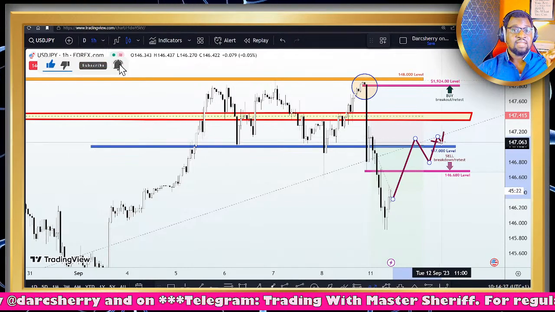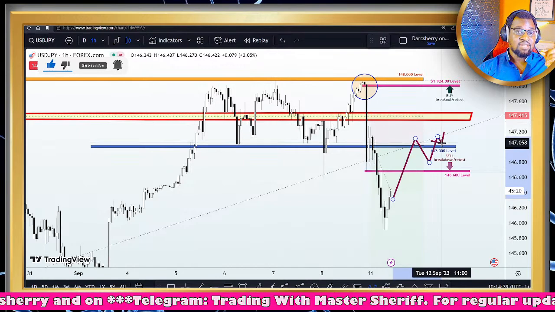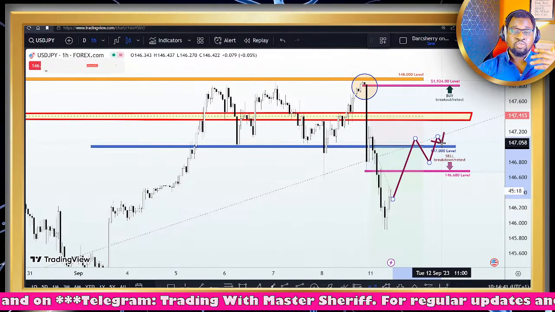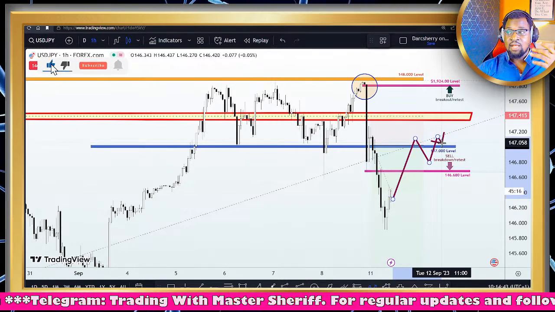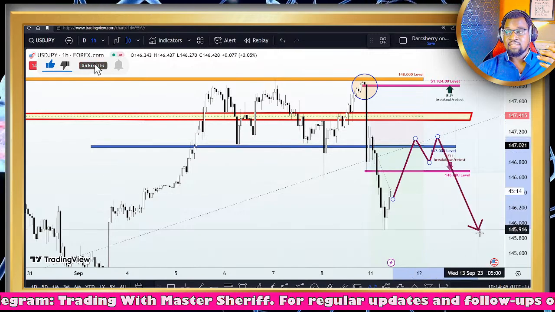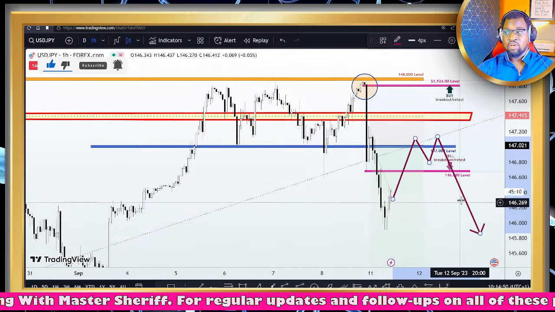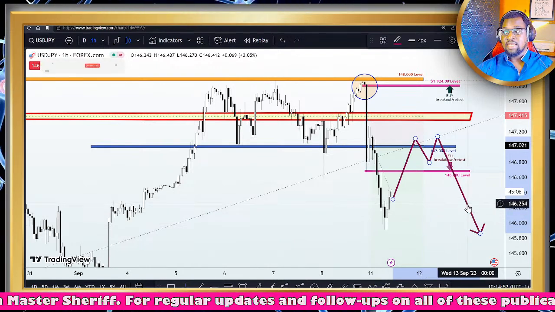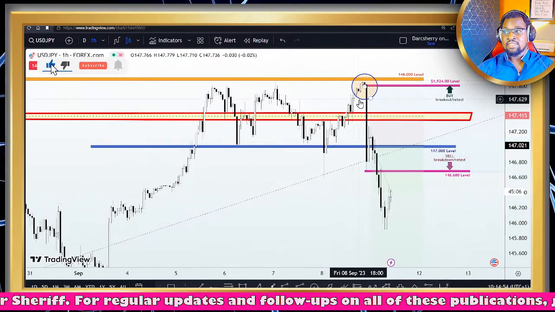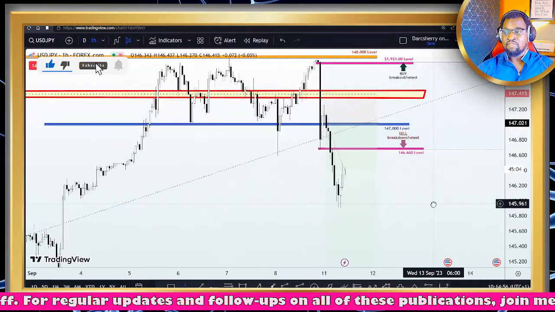But most importantly is that we want to see signs that buyers are finding it difficult to break out of that level, and this would reflect on the chart as the selling pressure. Then we want to be joining the downtrend move. So that is how we are going to be capitalizing on selling opportunities on the USDJPY for today.